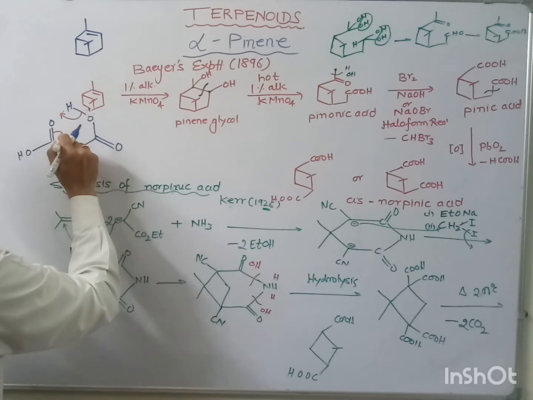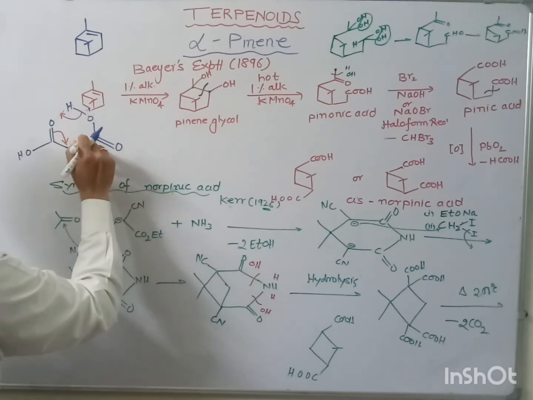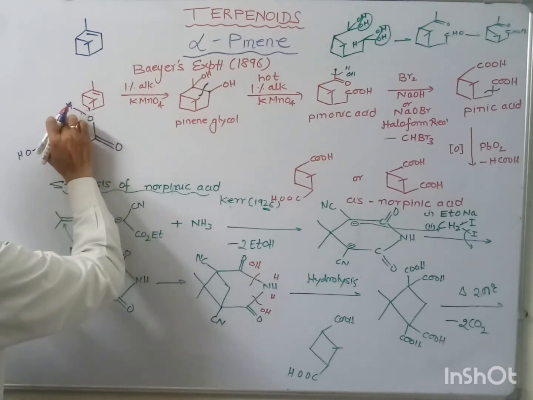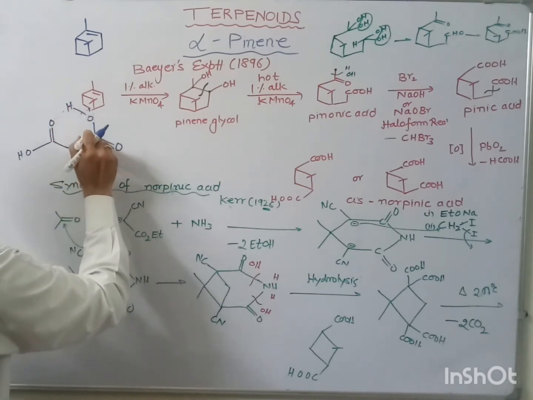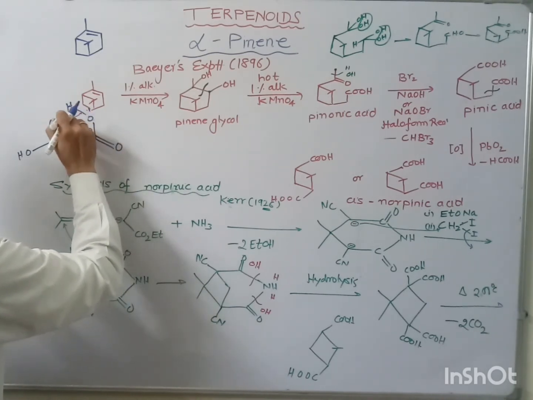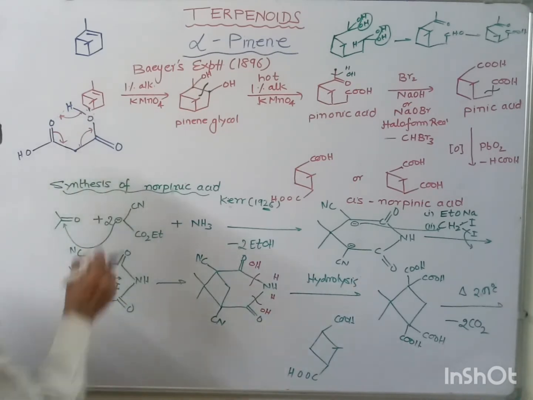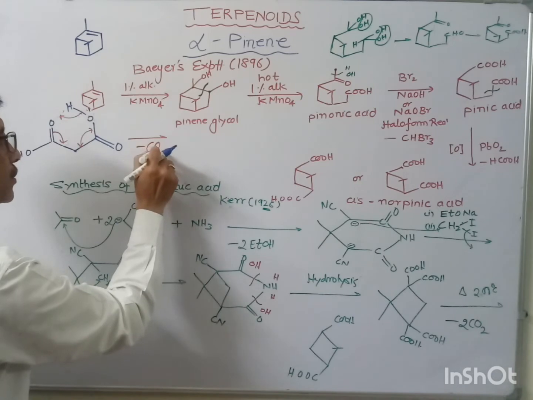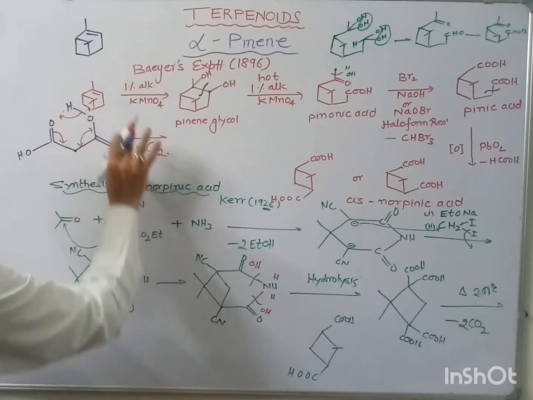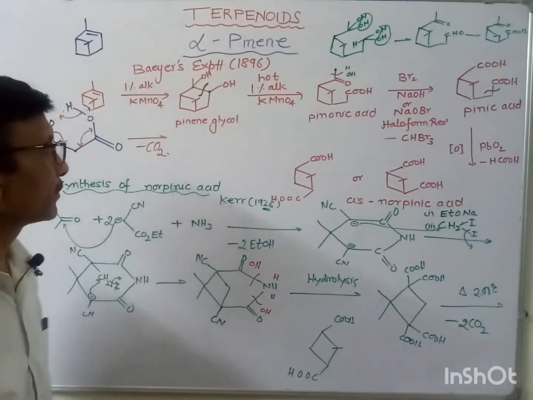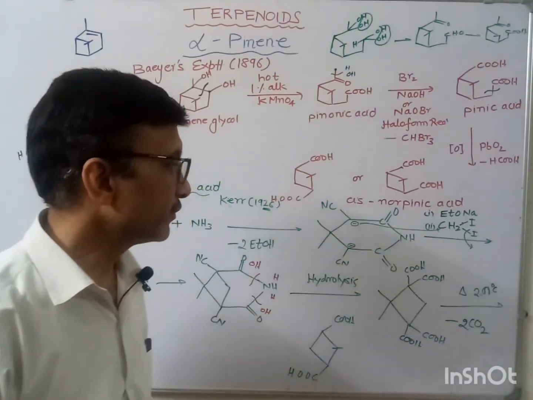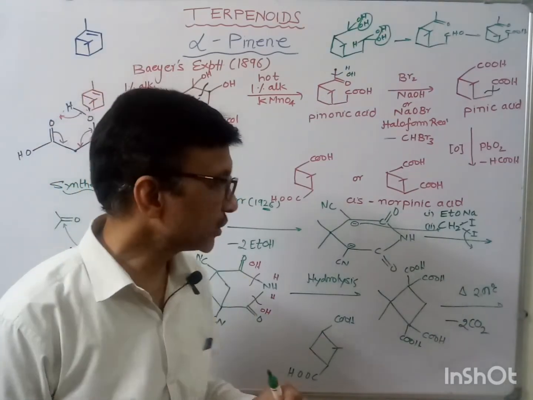H, single bond. Like this. One of these CO2, as we can see here, is removed. If two COOH groups are present over the same carbon atom, then only one CO2 would be removed during the decarboxylation. So like this.